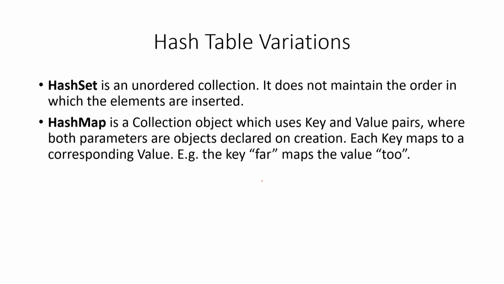Usually you have a hash set or hash map. In Java, as far as I remember, you just use a hash set or hash map. In Python, you define a dictionary. In C++, you have unordered set and unordered map.